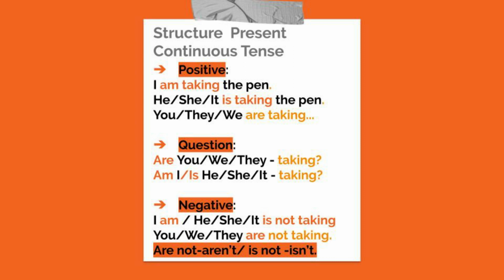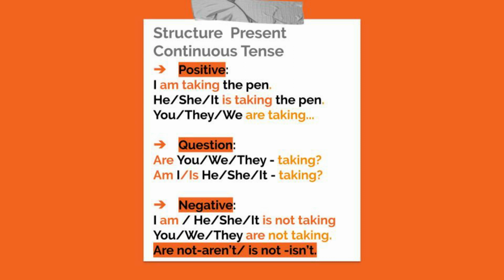We, they, you are followed by are. But in all these three different situations, the verb takes the ing along with the helping verb, right? So am plus take plus ing, is plus take plus ing, are plus take plus ing. You can just keep changing the verbs and you will find out how easy it is.